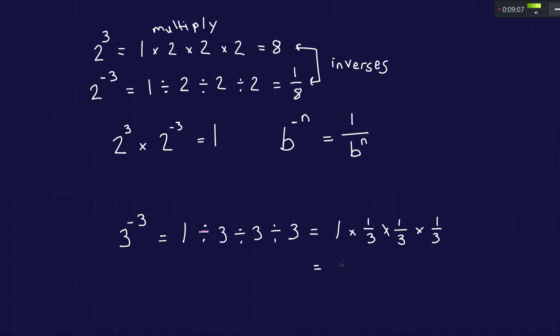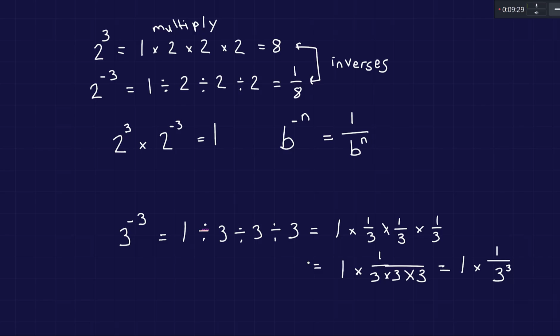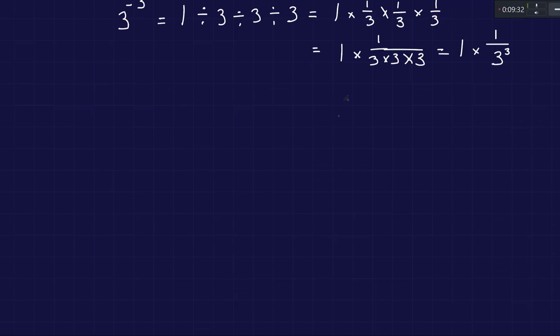That is like saying 1 times 1 over 3 times 3 times 3, which is equivalent to saying 1 times 1 over 3 to the 3rd. So that is saying 1 times 1 over 27, or just 1 over 27.